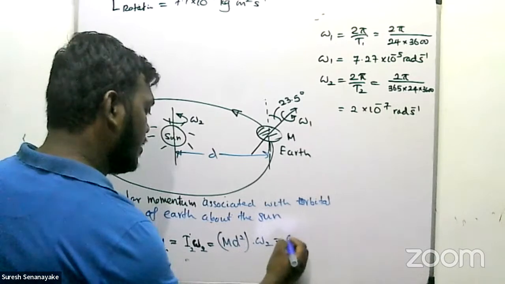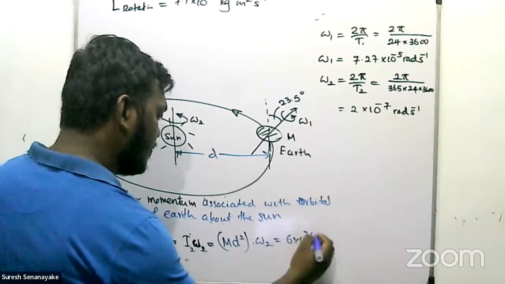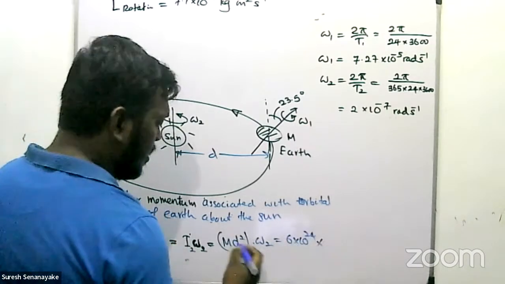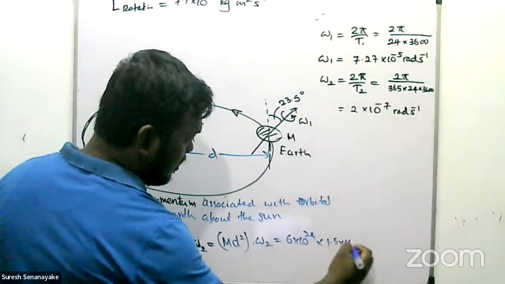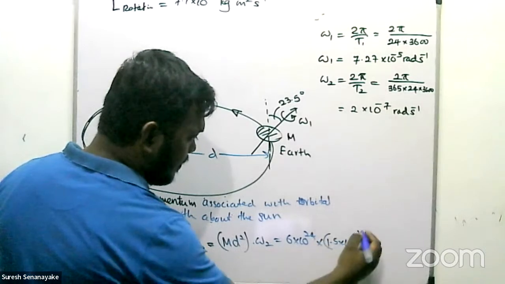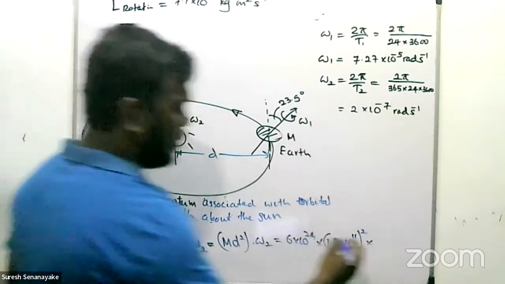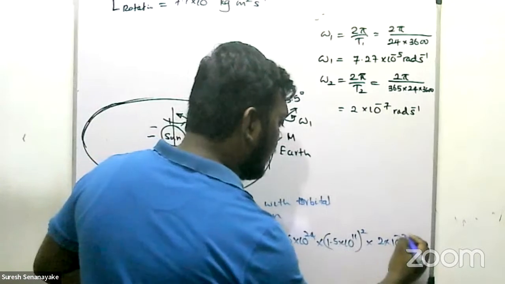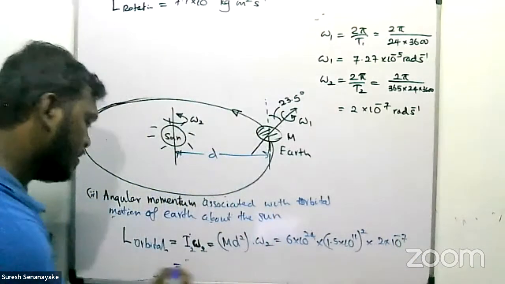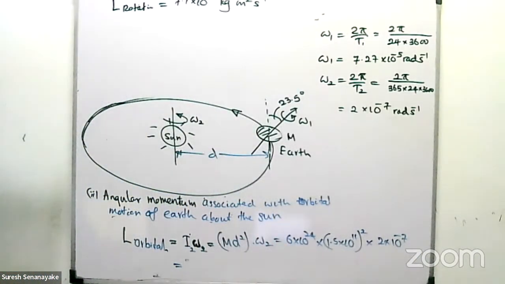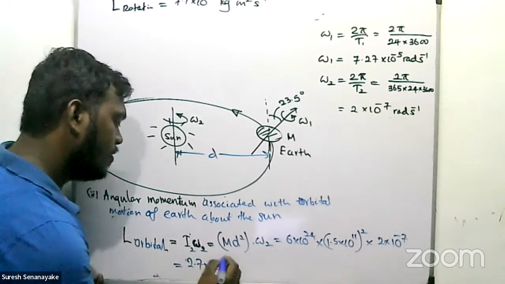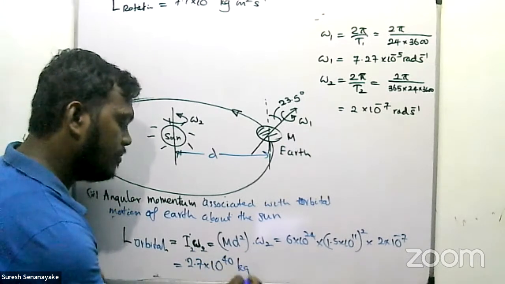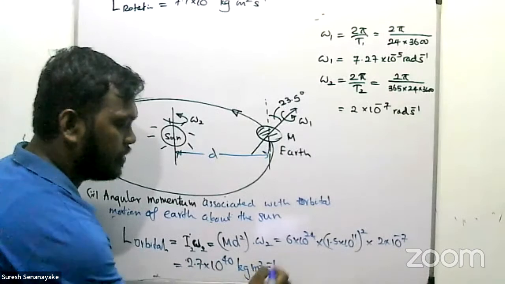So m is 6 into 10 to the 24, the mass of Earth. D is the distance, 1.5 into 10 to the 11, squared. Omega 2 is 2 into 10 to the minus 7. By simplifying this, you get approximately 2.7 into 10 to the 40 kilogram meter squared per second.